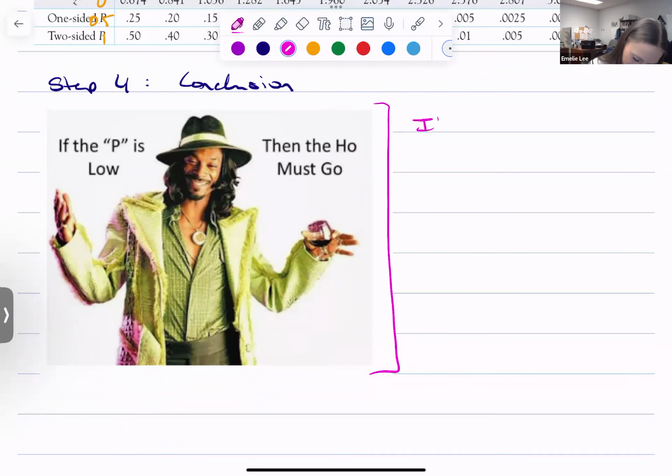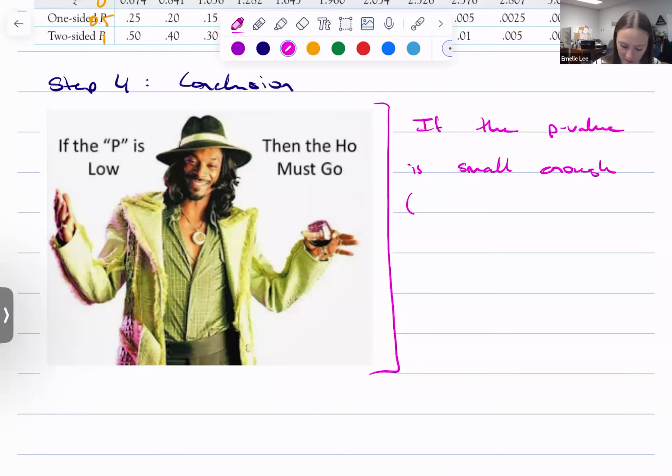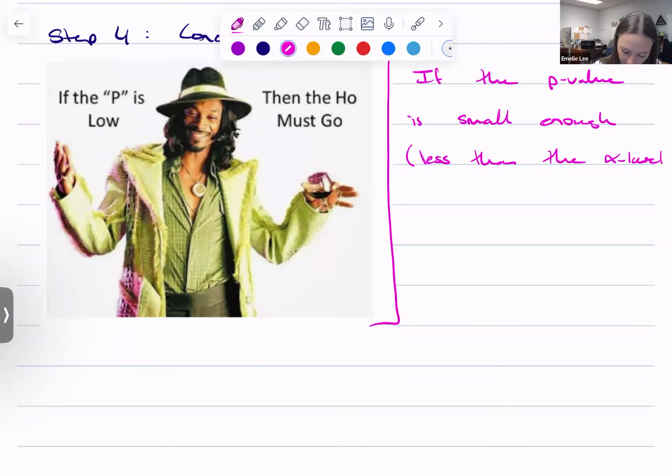So if the p-value is small enough, right? Usually we use 0.05, so less than the alpha level, which has a default alpha of 0.05, right? But sometimes the questions will tell you what to use.